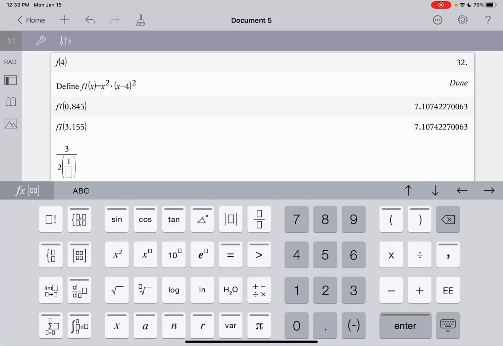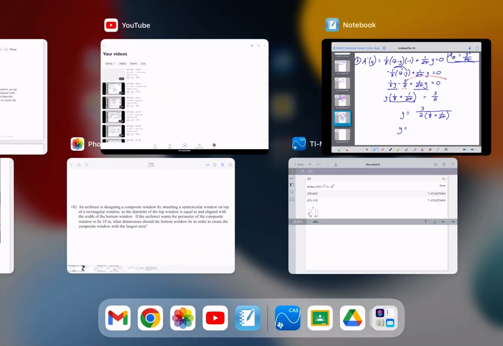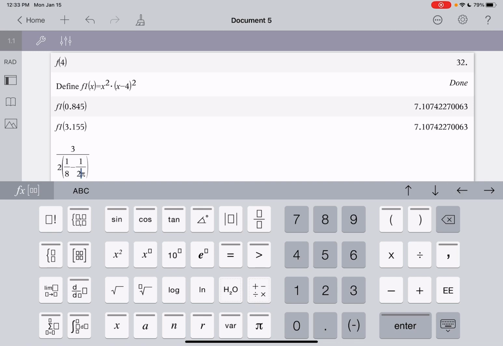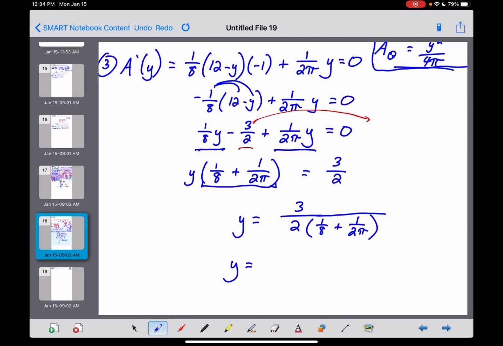So let's see if we can get that in there. 1/8, okay, gotcha, and then a minus, another fraction now, and it was a 1 over a 2 pi. Was that minus? Nope, I was wrong. That was a plus. That didn't sound right when I said it. Okay, so change that minus to a plus. Whew, and that is ugly, guys. I'm going to go right and hit Control-Enter right here, and I get 5.279 for the value of y.